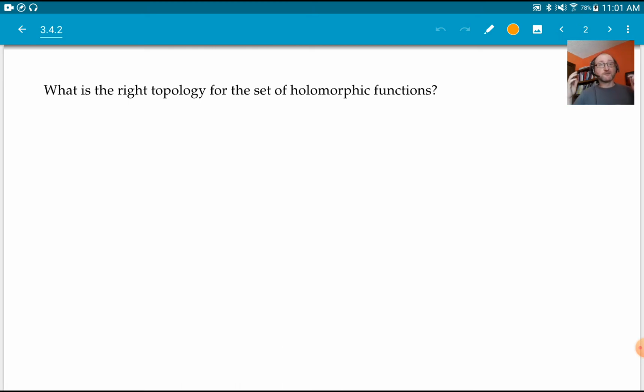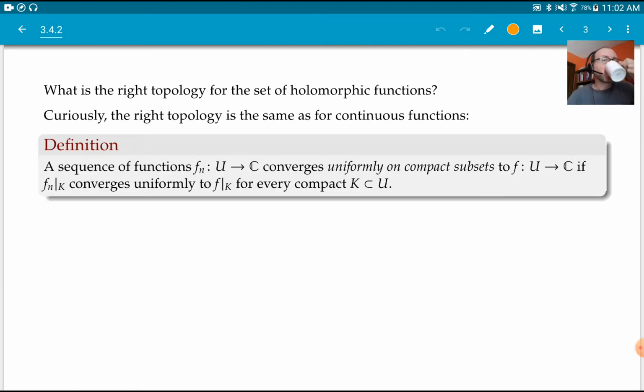If you're an analyst and you are given a class of functions, you want to know what's the topology on this class of functions, right? What's the right topology on this class of functions? Interestingly, the right topology is the same one that is the right topology for continuous functions.